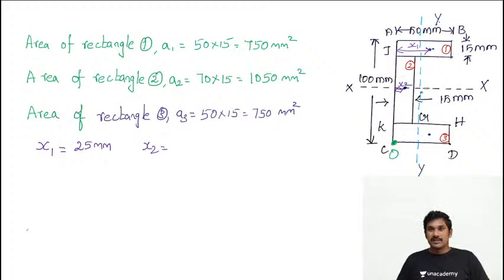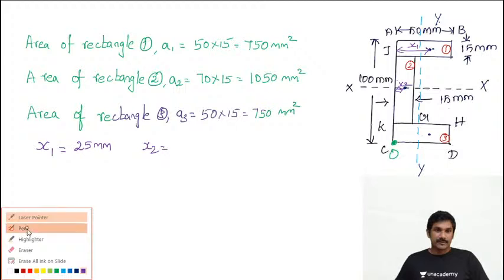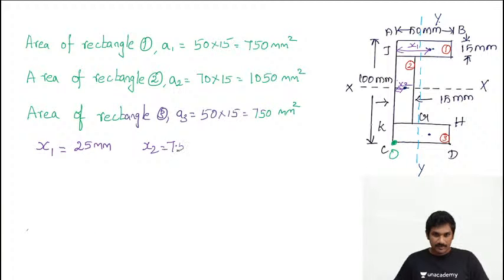So the total width is 15 mm. So half of this width is 7.5. What is x3? So x1 and x3 values are the same because rectangles 1 and 3 are symmetrical. So directly you can find out.